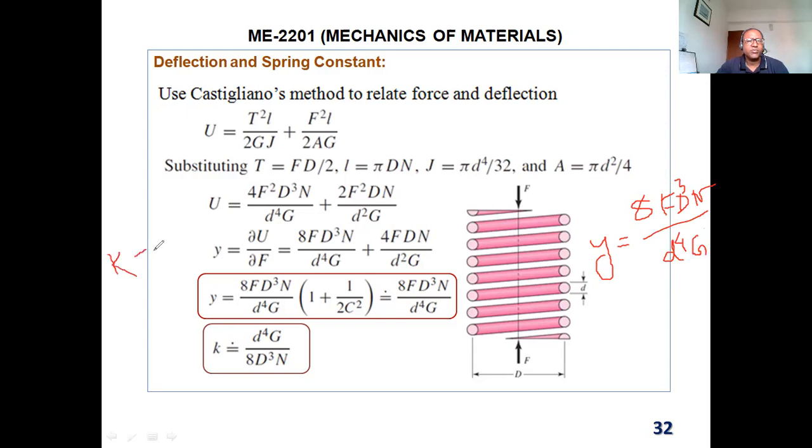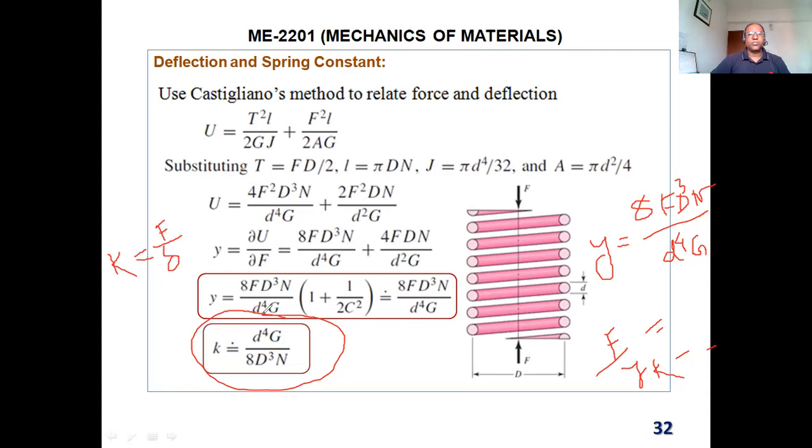K equals F by delta, that means F by Y. So from here, you can figure out F by Y, and this F by Y equals K. Then we get K equal to d to the power 4 G over 8 D cubed N.